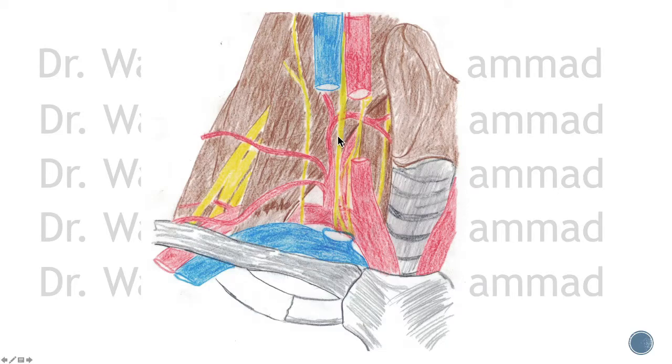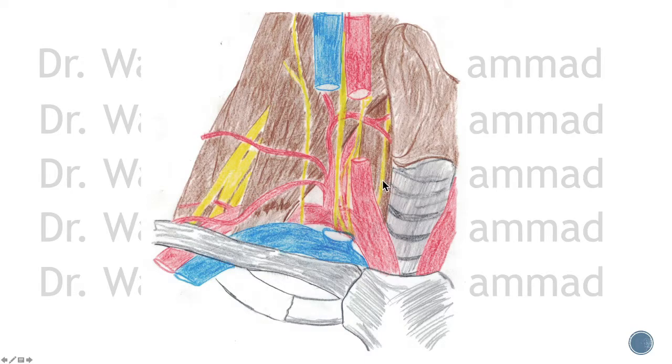This is the vagus nerve, the right vagus nerve, giving the right recurrent laryngeal that loops around the first part of the right subclavian artery, because the left one has a different story. See, it ascends here behind the trachea and between it and the esophagus.